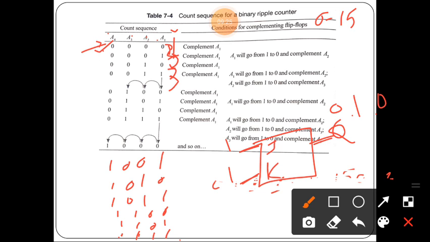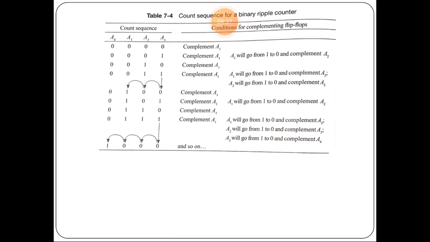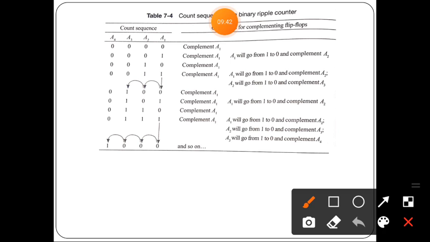Then next, every time A1 goes from 1 to 0. Next look at A2. Here look at the A2 case. If there is a transition of A2 from 0 to 1, when will it occur? It occurs when A1 goes from 1 to 0.